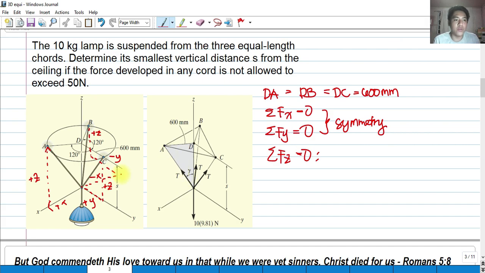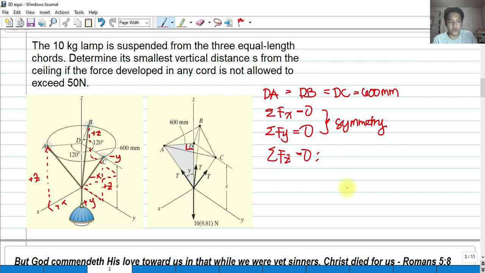If we resolve tensions A, B, and C into the z-axis, they are all positive because they are all going upward. To get the z component, we need to use the cosine function because this would be our hypotenuse, our tension T.